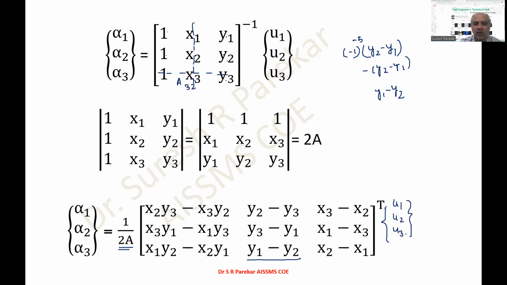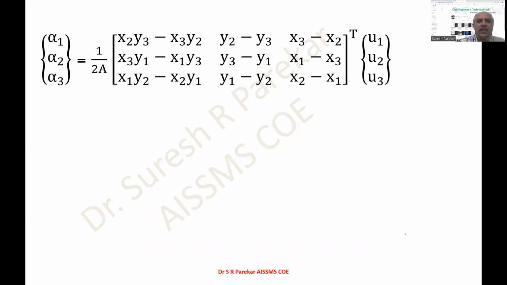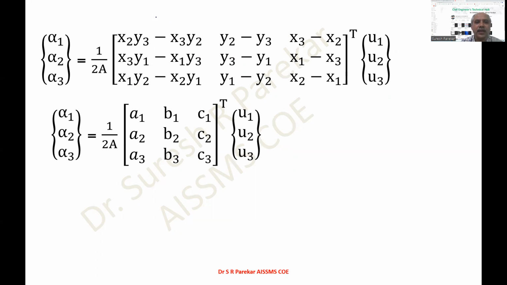Now, knowing alpha 1, alpha 2, alpha 3 and substituting these values, because it is difficult to write this value x2y3 minus x3y2 every time, we will consider these values as a1, a2 and a3. Similarly, these values as b1, b2, b3 and c1, c2, c3. Now substituting these values, we get alpha 1, alpha 2, alpha 3 in this fashion, that is a1, a2, a3, b1, b2, b3 and c1, c2, c3 with u1, u2, u3.